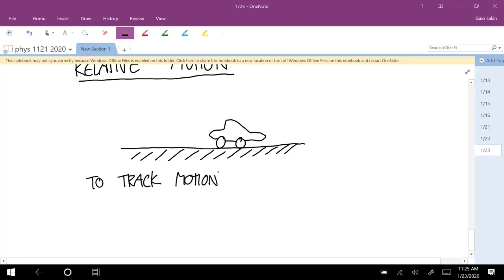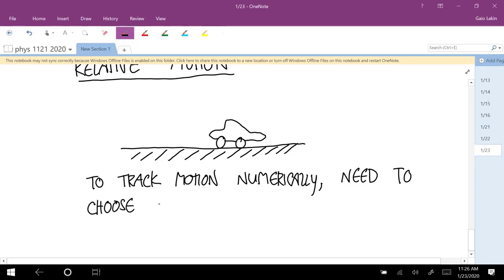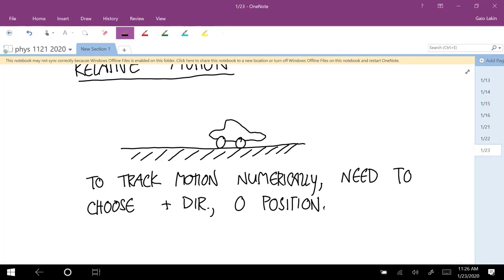numerically, you need to choose a positive direction and a zero position. So imagine that two different independent people are tracking the motion of this object.